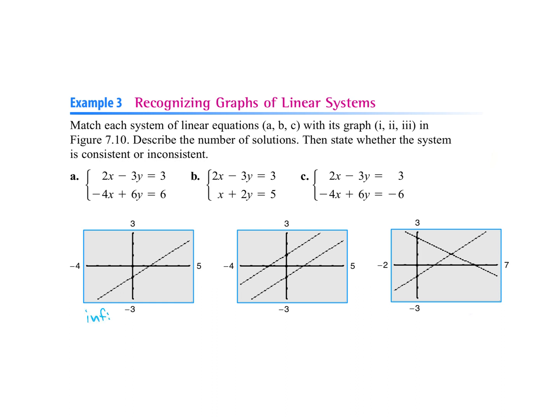So infinitely many is when it's the same line. When you have parallel lines, the lines never touch, so this would be no solution. And if they intersect at one point, this is where it would be one solution. And the solution is where your two lines intersect.